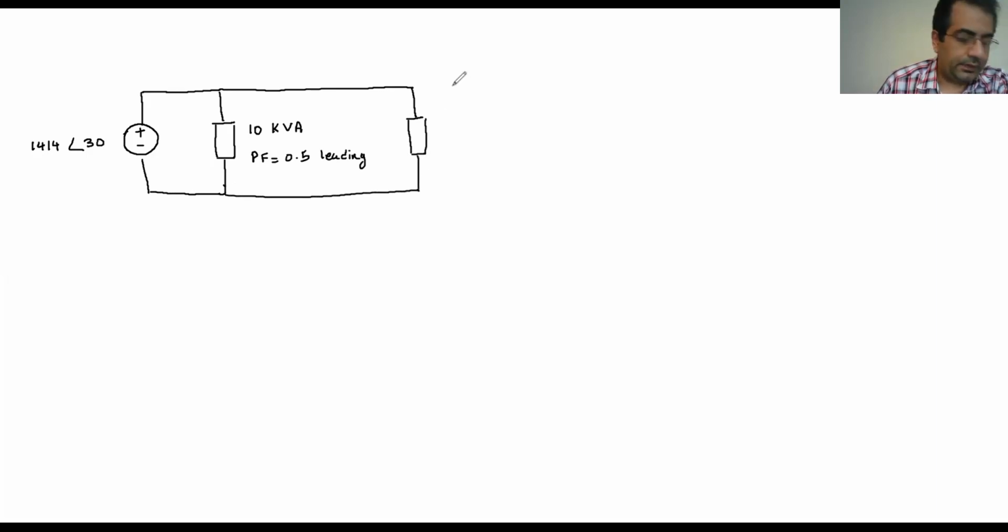And it is 5 kilowatts and the power factor of 0.7 lagging. So then we have the I going here, and then the I goes down here.